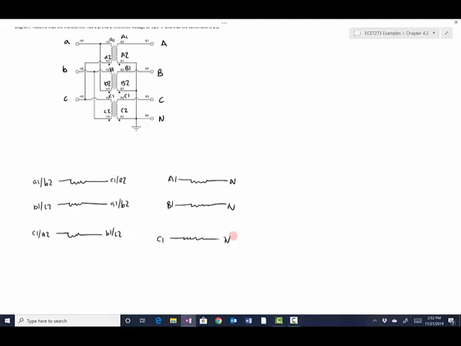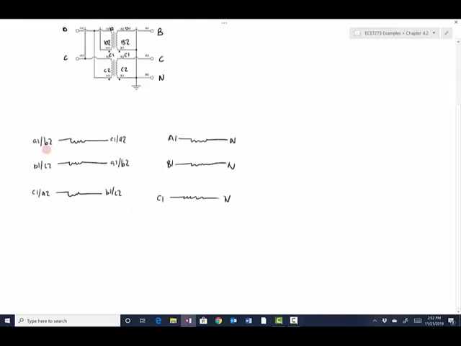So now what you need to do is just connect the nodes with the same labeling to form your three-phase diagram. So I've got an A1, B2. So this node here and this node here are the same. So I can draw that node, and I've got A1, B2. And then there's another node coming off that.